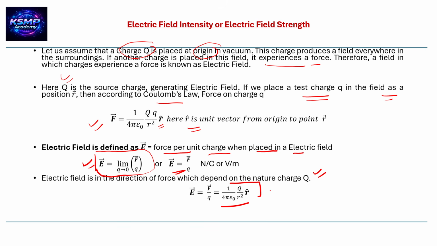It is force per unit charge, and small q here we are considering to be a test charge. And remember that capital Q is the source charge, because of which the field has been generated.